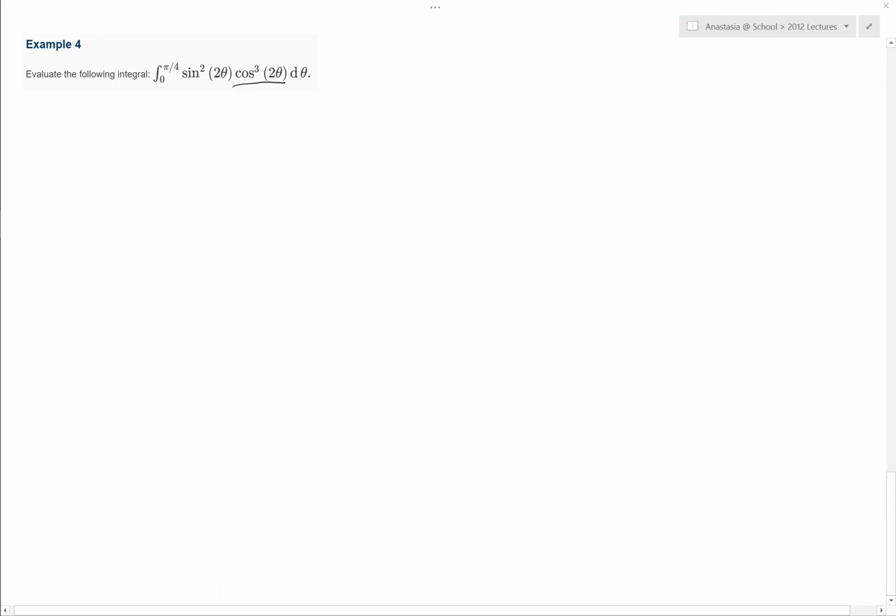In this case we have an extra cosine because of the odd power. So this means that du needs to have cosine of x in it, possibly off by a sign, positive or negative. So then this means that u is going to need to be sine x.